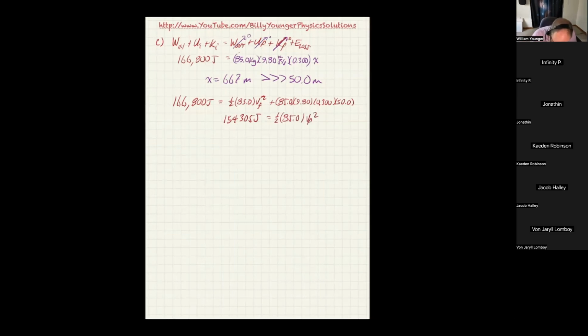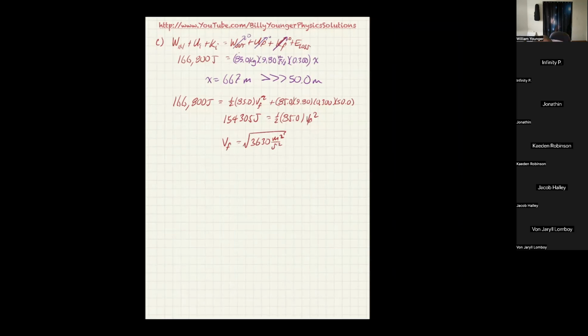So if I want to know the final velocity when I get off of the friction, that's going to be that number 154,305 times 2, and then divided by 85, and that's going to give me 3,630. So I want the square root of 3,630 meters squared per second squared is what the units work out to be.